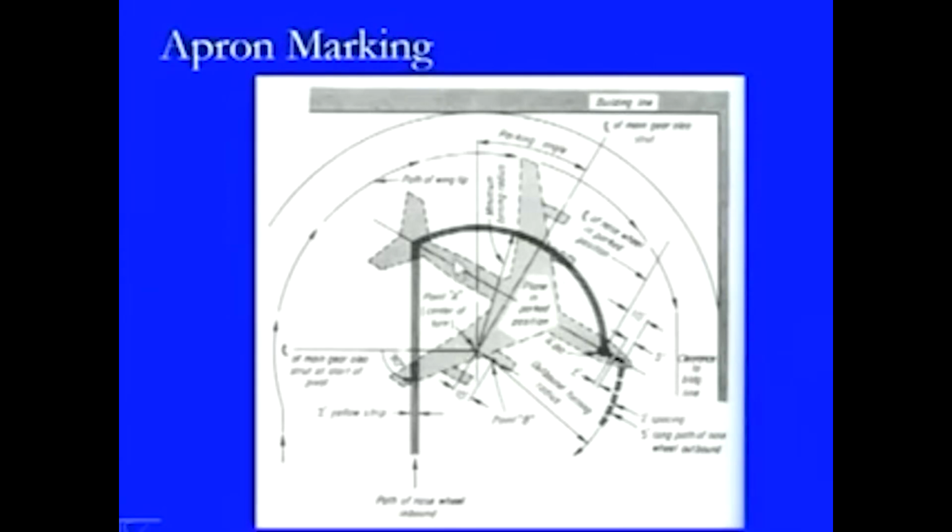So, when we are looking at this type of maneuvers, then this aircraft location, as shown here, will be depicted on the pavement surface in yellow color, and then this type of path of the nose wheel for the inbound condition or outbound condition. So, this is the path of the nose wheel. First of all, the aircraft will come in this form, and then it will start taking a turn.